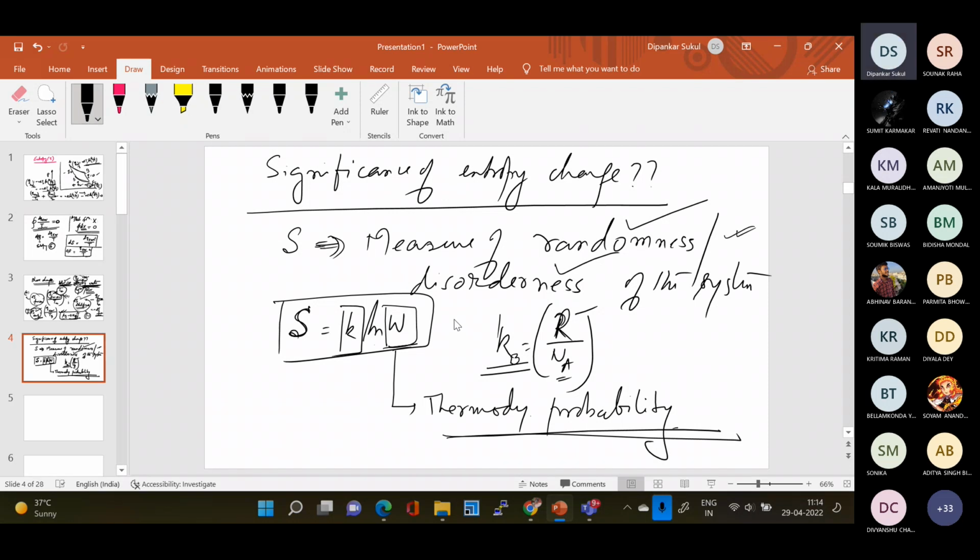If there are more intermediate steps by which you can rearrange your system, the thermodynamic probability is high. And in that way, its randomness or disorderedness will also be high. That's why entropy is seen as a measure of randomness or disorderedness of the system.